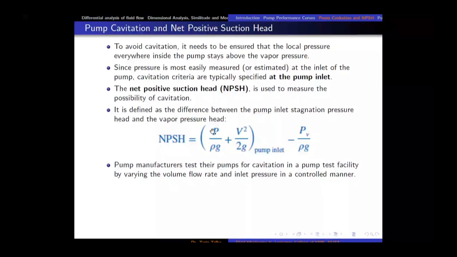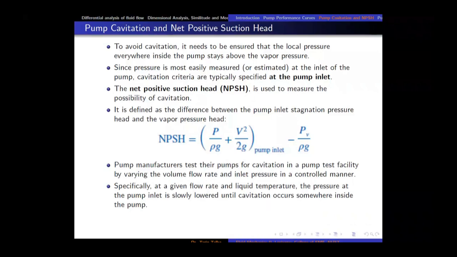Right? So it means that this NPSH, the net positive suction head, would decrease as we increase the volume flow rate. But there are two NPSH values. One is required and one is available. We are going to talk about both in the coming slides.